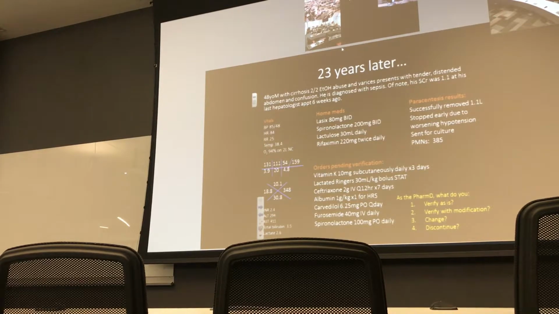Where did it say that? Well, the liters removed thing was like, I don't know if that was under like the ascites slide, so I don't know if that falls under hepatorenal syndrome as well. Well, he has ascites, I guess.